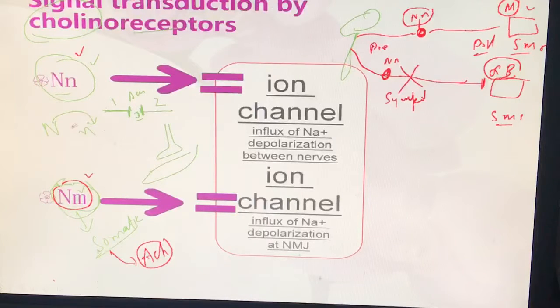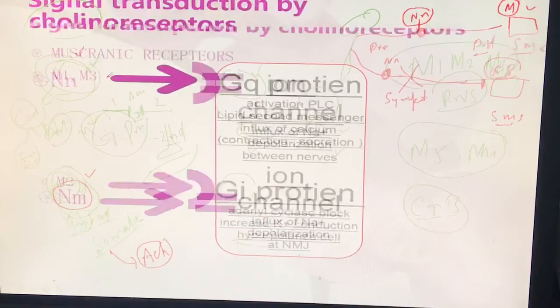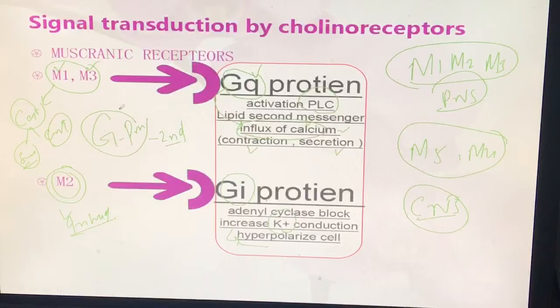What's another difference between the muscarinic receptor and the nicotinic receptor? Both receptors are linked with the G protein. And what's the main difference here?